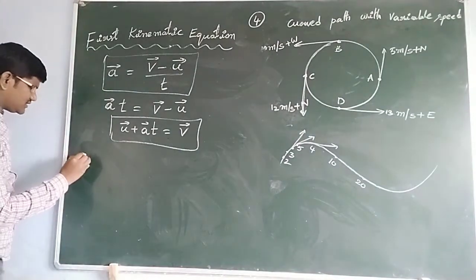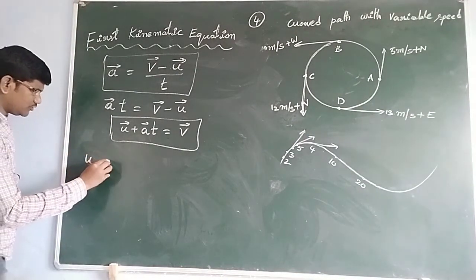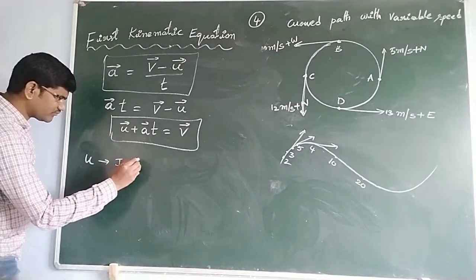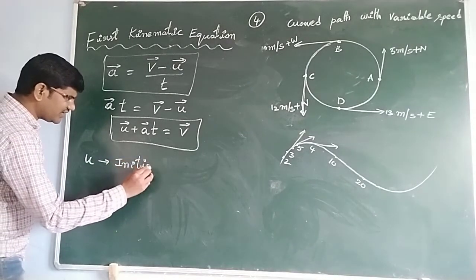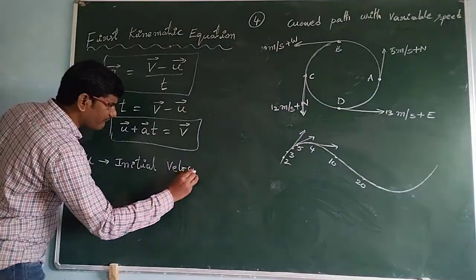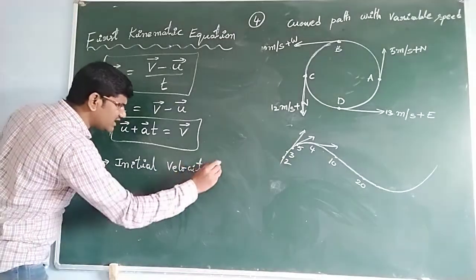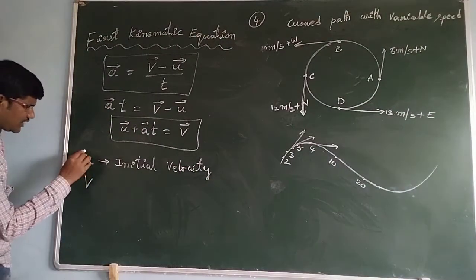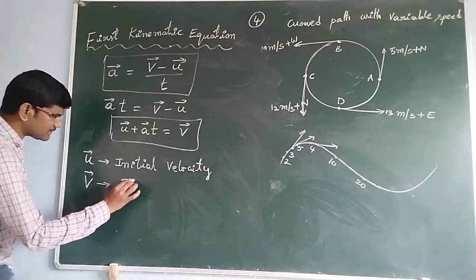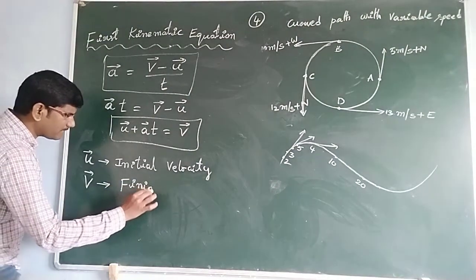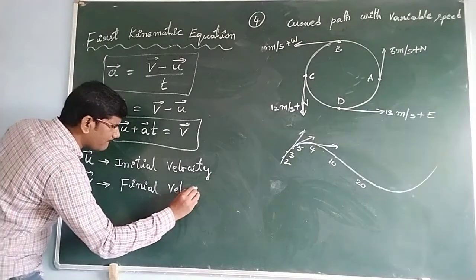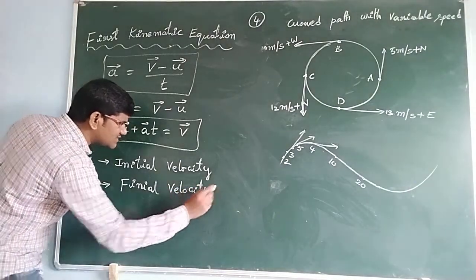And here, what is the name of U, students? U is the initial velocity. And what is the name of V? The final velocity.